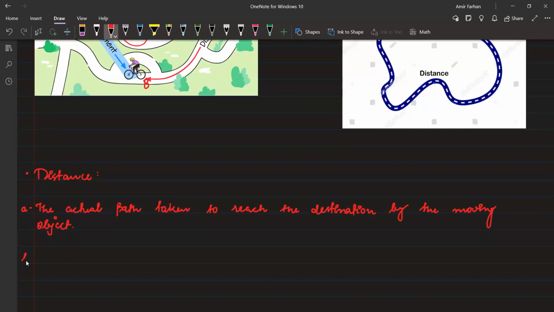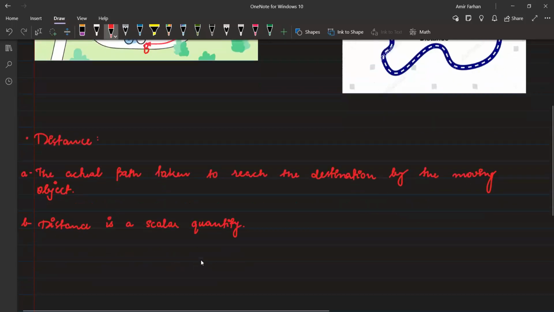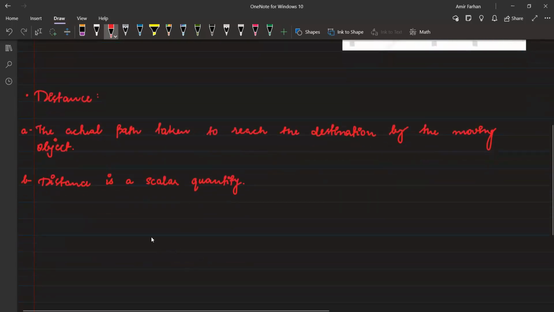And as I've told you, distance is a scalar quantity.